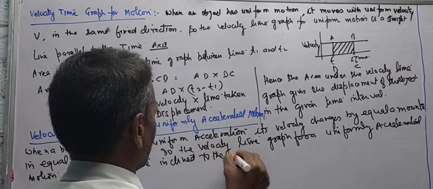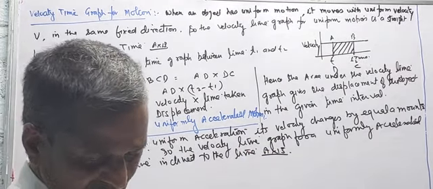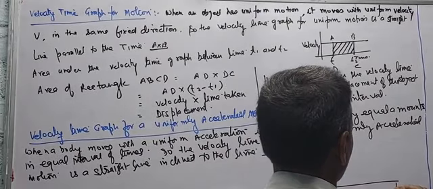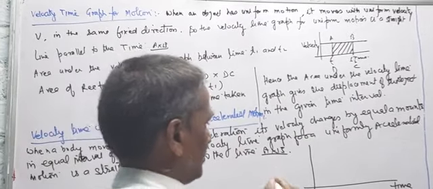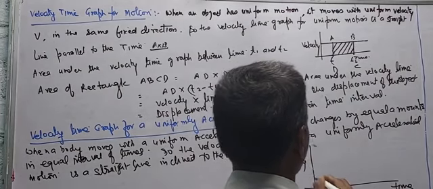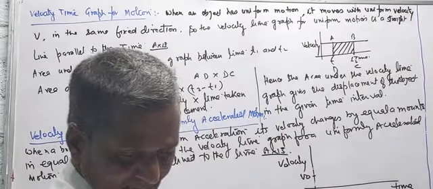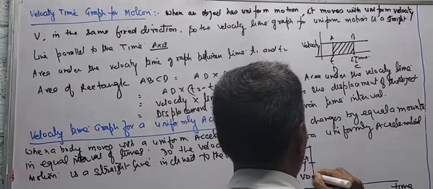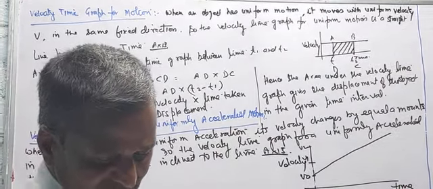The graph becomes in this form: this is the time axis, and this is the velocity axis. Here is v0, and velocities v1 and v2, and it becomes a straight line inclined to the time axis.